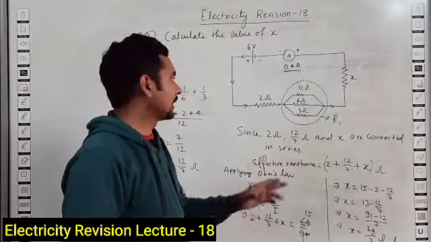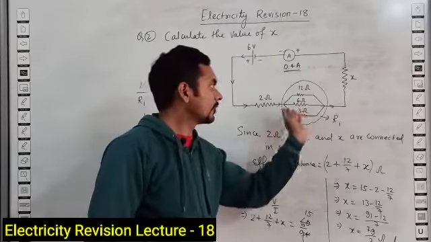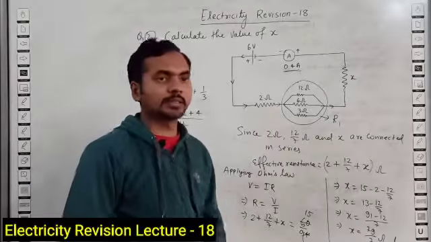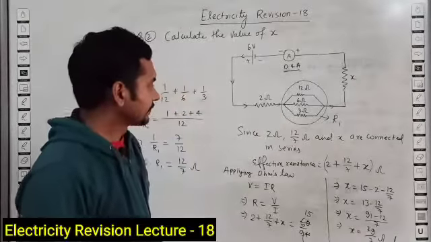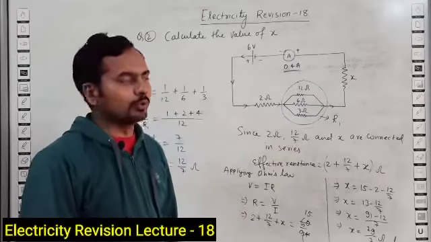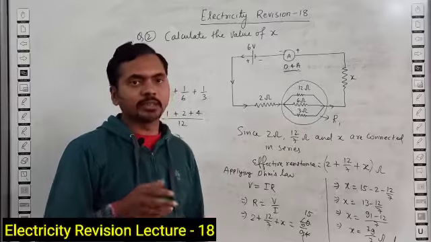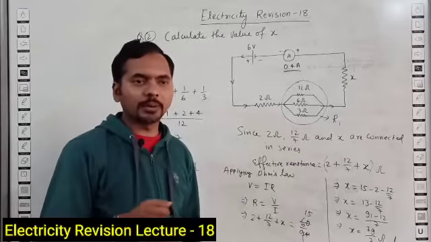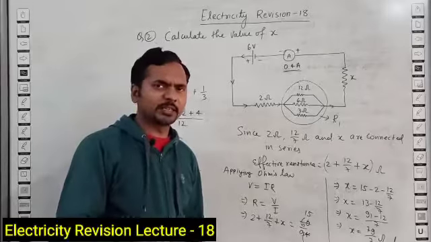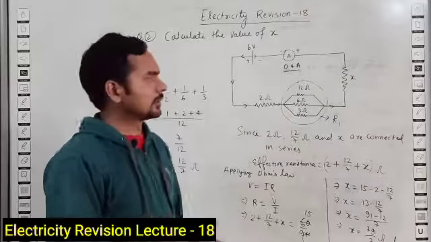So first of all we have to solve all the resistances, and from this we can calculate the effective resistance. You have to practice many questions to understand the concept of series combination, parallel combination and Ohm's law. Many complicated questions also come from this part.